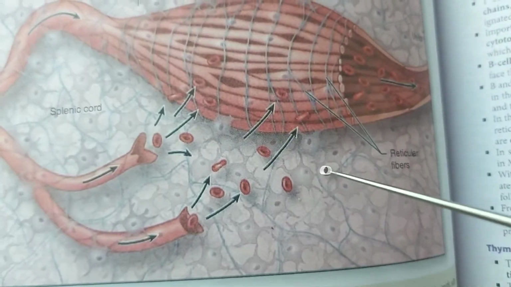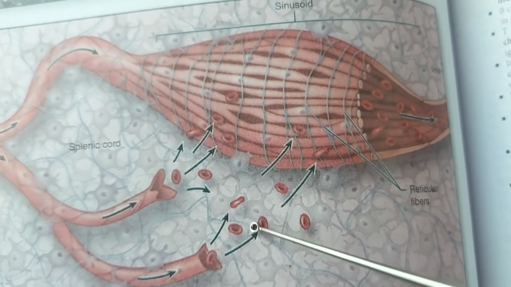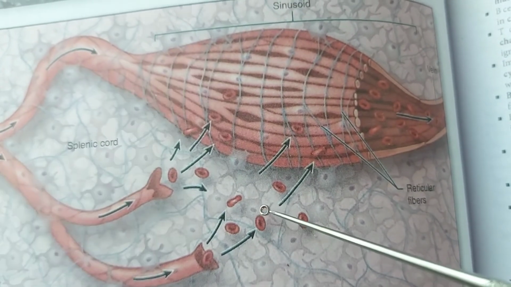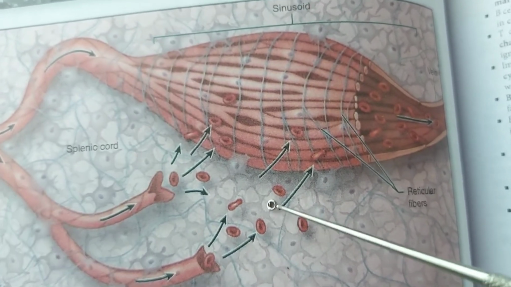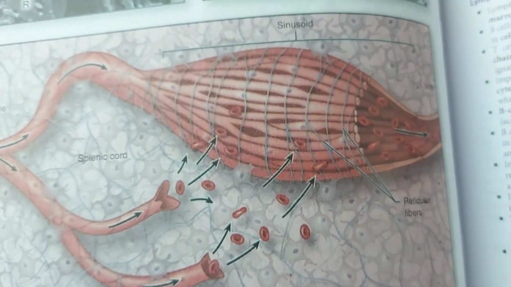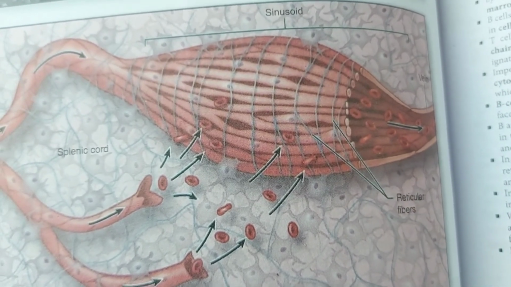This red pulp has some macrophages. The macrophages clear off these red blood cells, and we know that the red blood cell has hemoglobin, and there is iron, and this iron is finally delivered to the circulation for recycling. Thank you all.